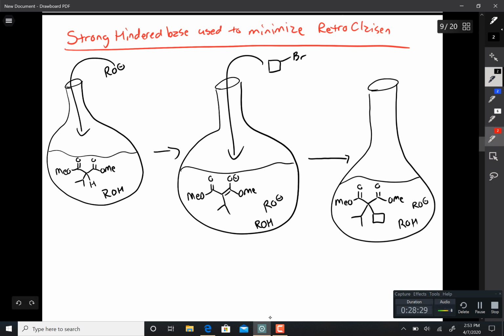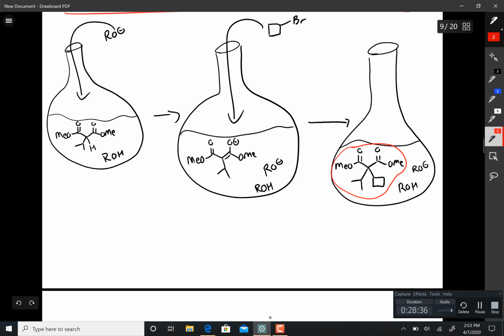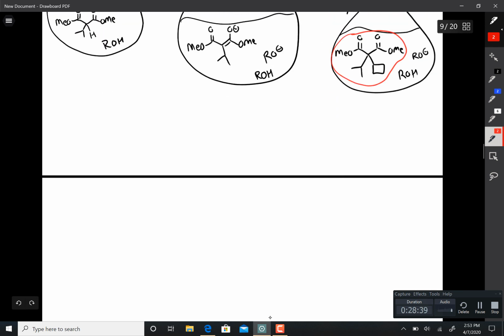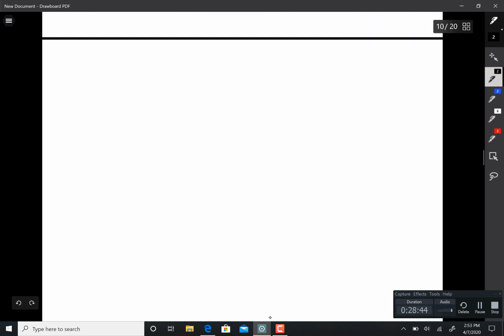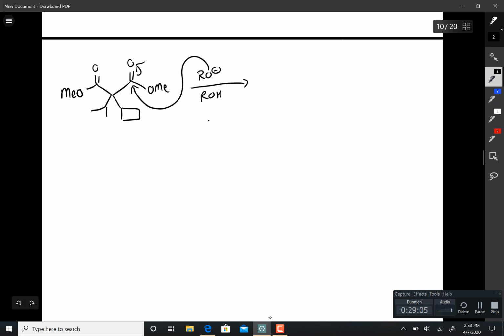Now this product right here can undergo the retro-Claisen. That can end in giving you byproducts. Remember, the retro-Claisen is the RO minus attacking the carbonyl. So let's go up.